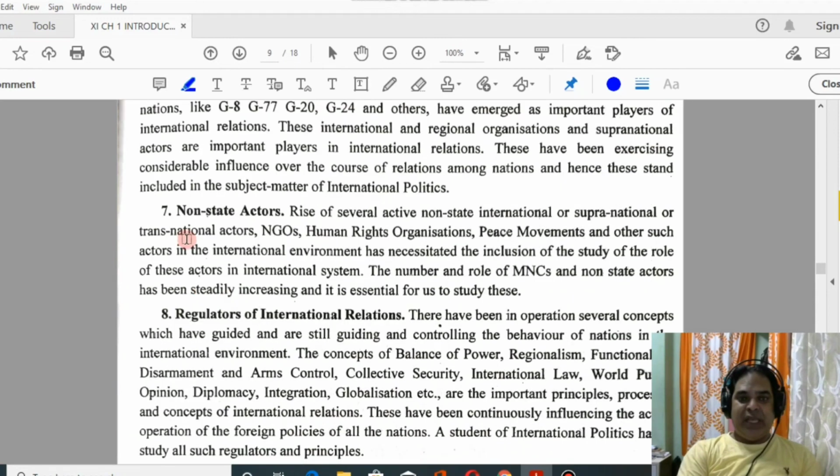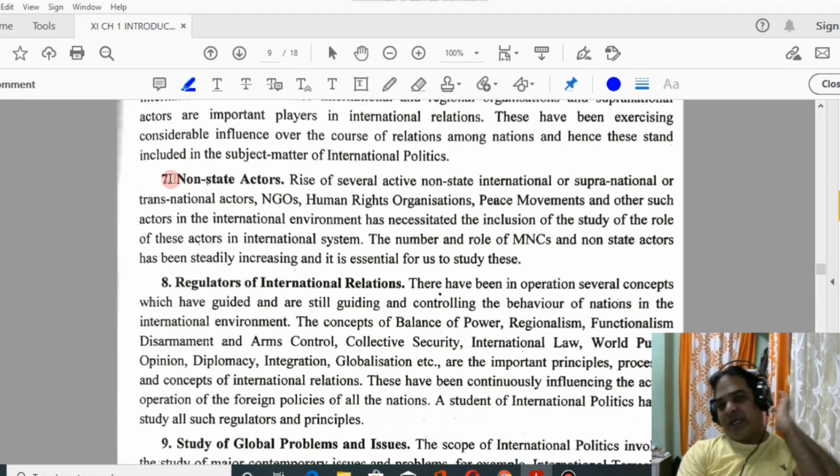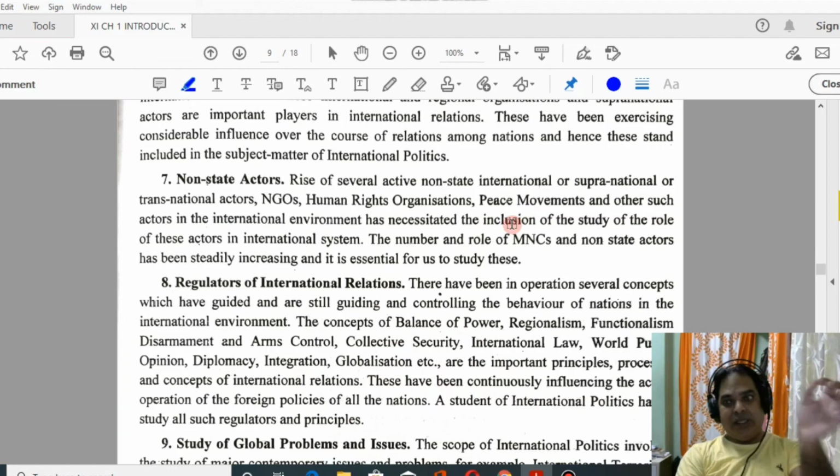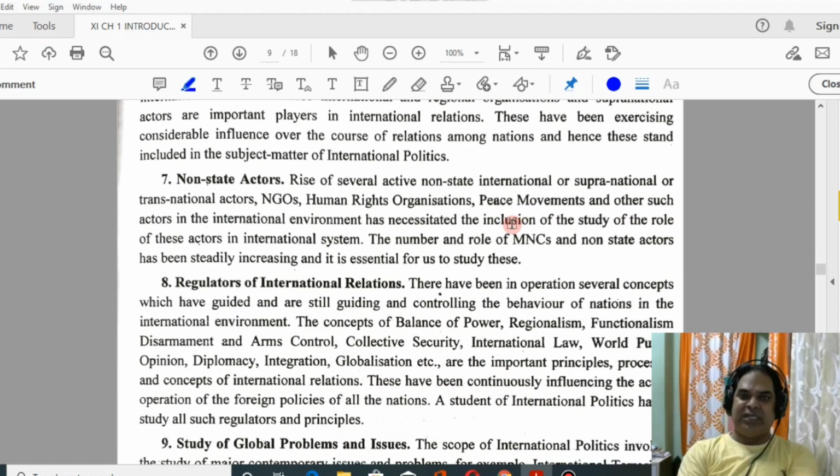Now you can see here, when we study NGOs, that means non-government organizations, human rights organizations, peace organizations, whatever is being done within the state is the study of political science. It is not that only the government performance is the study of political science. No, my dear, human rights organizations are there, NGO movements are there.